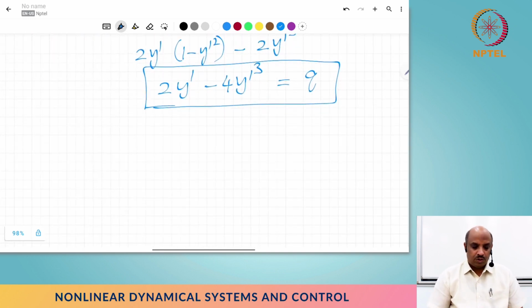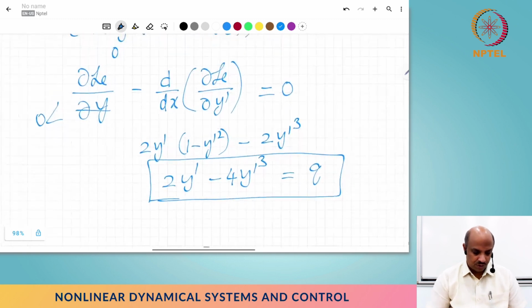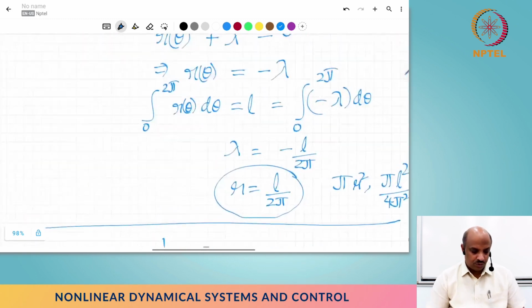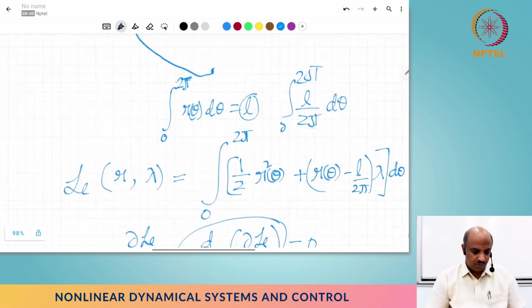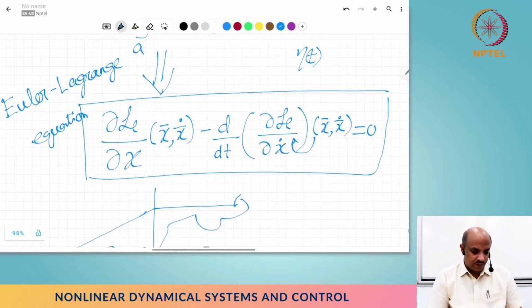Interestingly, if you have Lagrange multipliers, in certain cases, they will give another differential equation. Where do we get that? Let's go back to our Euler-Lagrange equation and look at it. You see this partial with respect to x and so on.